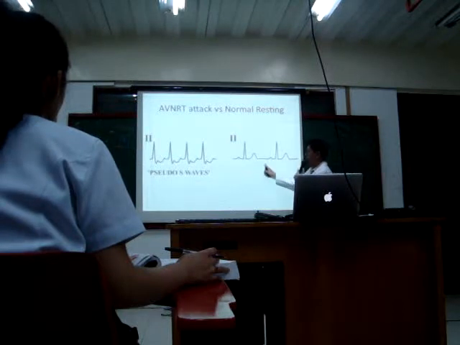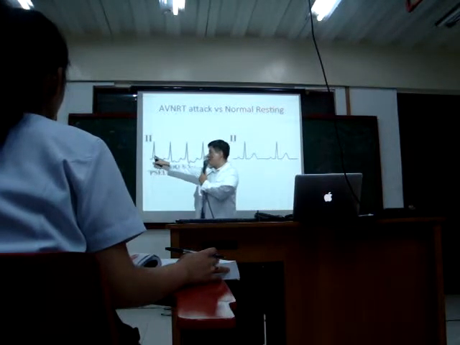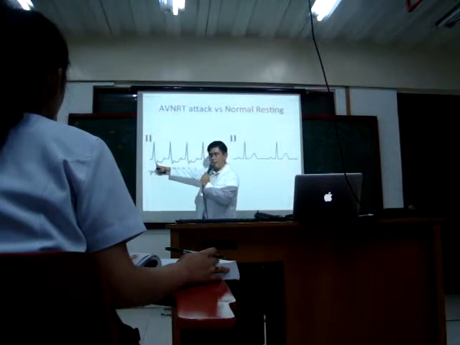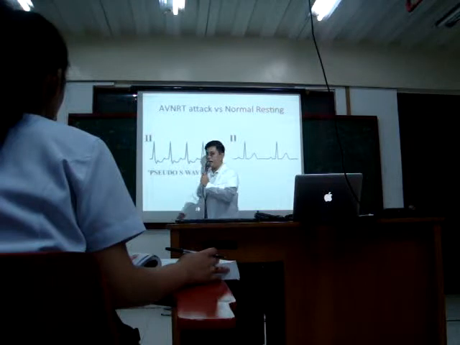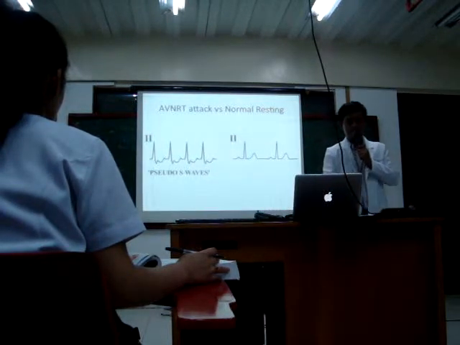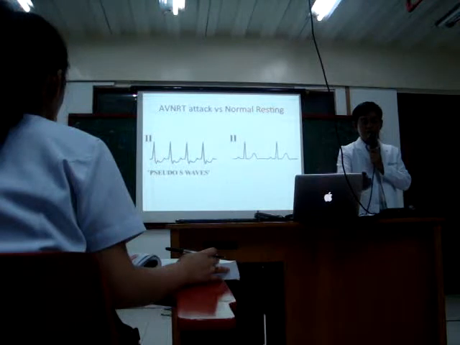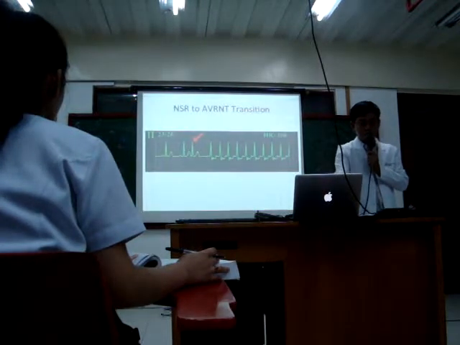Okay, so this is the normal NSR, normal sinus rhythm, PQRST. There's the P wave. And sometimes even that P wave can be inverted at times as well. So sometimes in patients, this is an actual ECG, an actual cardiac monitor.